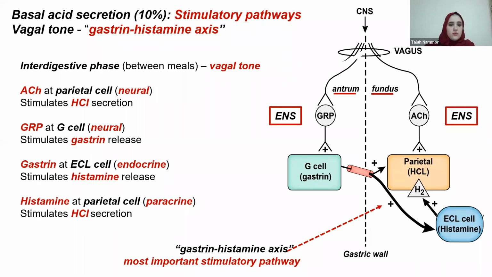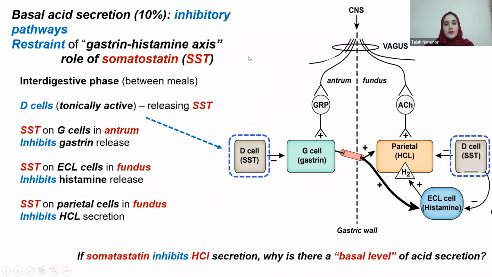Okay, moving on. No, we're going out of time. Let's say we want to inhibit the pathway. We don't want even the 10%. So what happens, guys? What comes in?